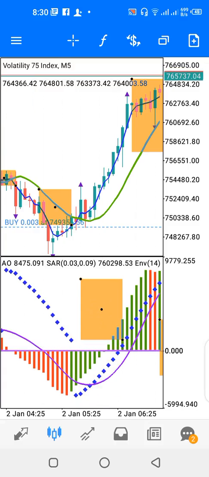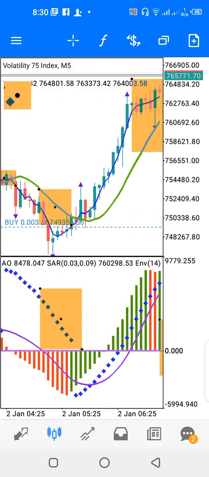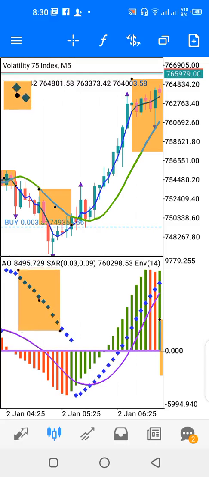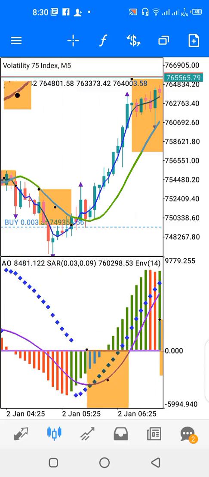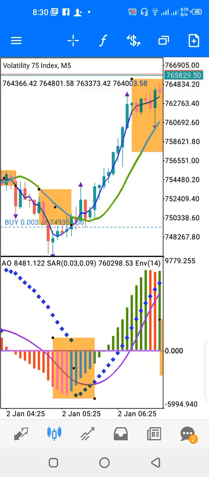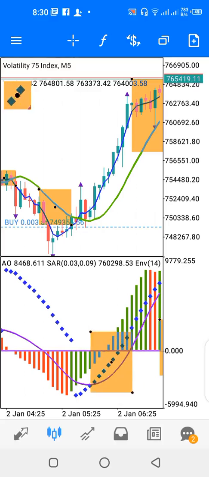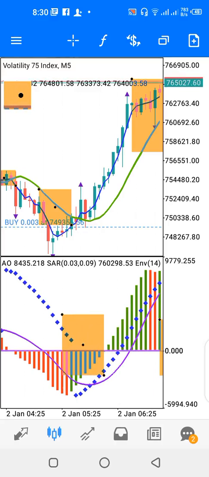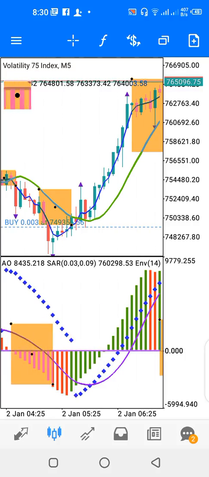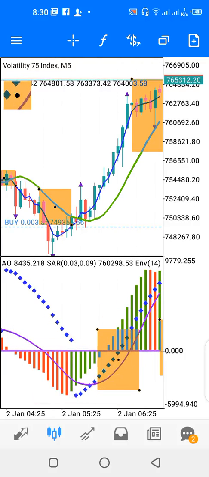Then you have a break from the bearish parabolic SAR dot into bullish parabolic SAR dot. That's your signal. At this point, you can place a buy trade. The confirmation is when the parabolic SAR dot starts to develop above the purple line. This purple line. That's your confirmation that you can place a buy trade.